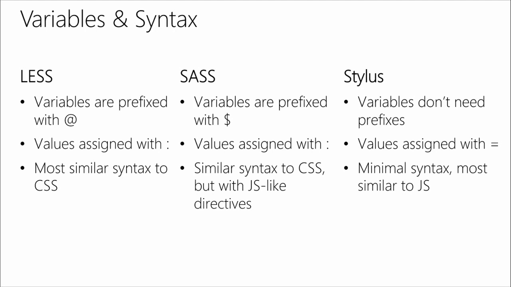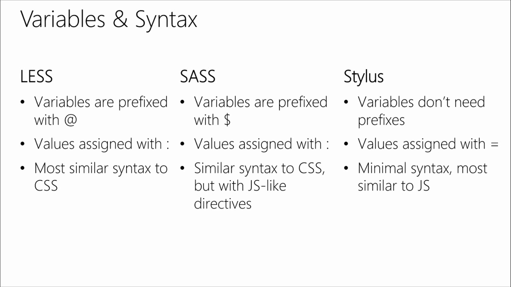As we said before, CSS preprocessors are basically the same language, different syntax, right? So why not talk about syntax? For the most part, the syntax is very similar to CSS syntax, with the exception of Stylus. But let's just start with Less for now. In Less, you can of course create variables, like you can in all these preprocessors, and you prefix your variables with an @ symbol, so you know those are variables and not just properties.